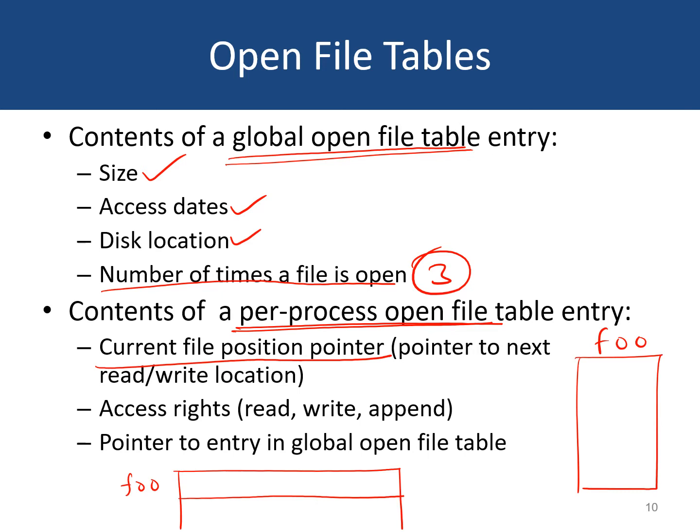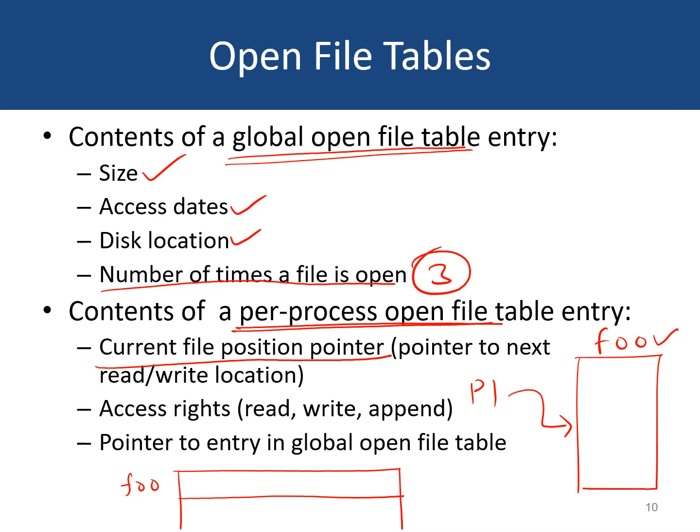So for example, let's say we have this file foo and process P1 is reading or writing into this file, and let's say currently process P1 is reading at this point in this file. Let's further assume that several other processes are also simultaneously accessing this file foo.